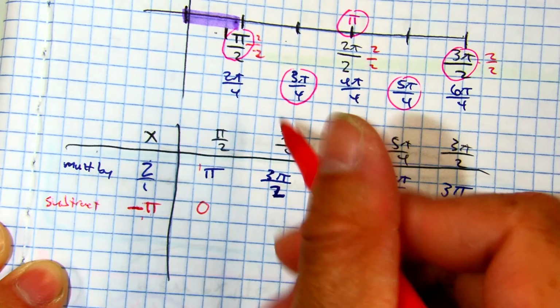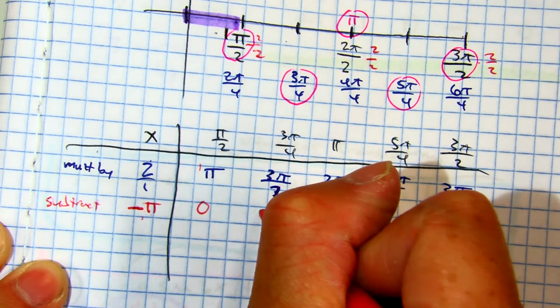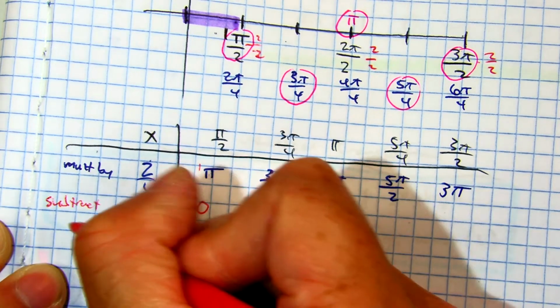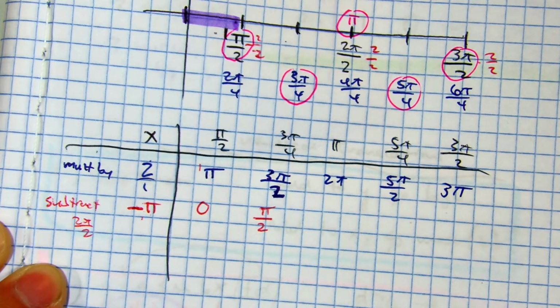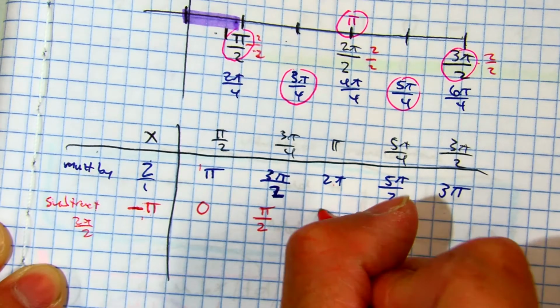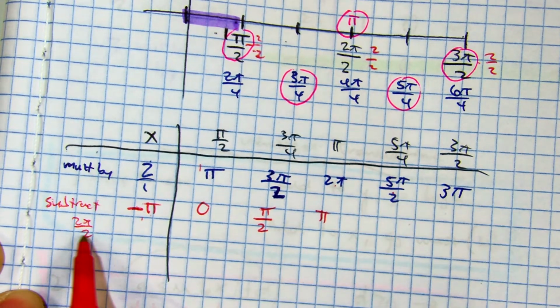So 3 minus 2 is what? So that's going to be 1 pi over 2. You guys okay on that? 2 pi over 2 is equivalent? Yeah? 2 pi minus 1 pi? 5 pi over 2 minus 2 pi over 2?